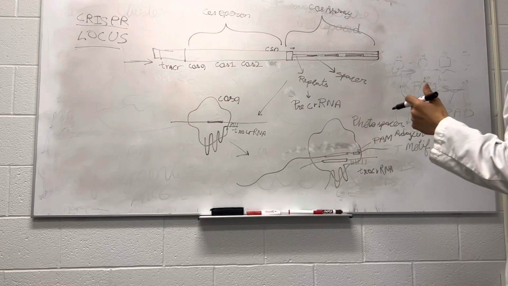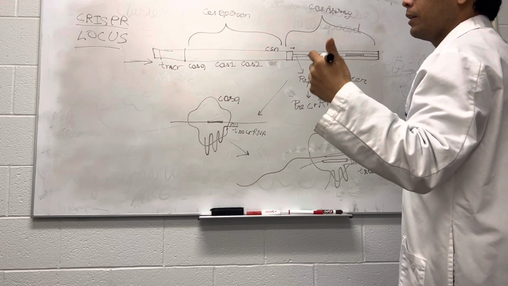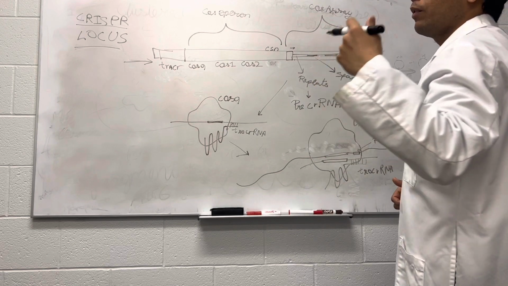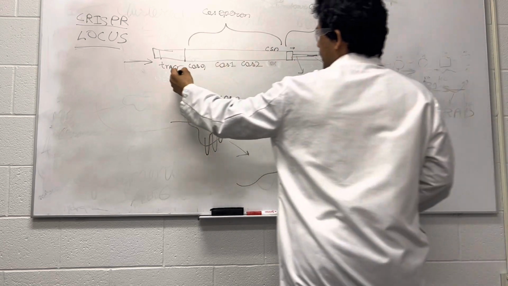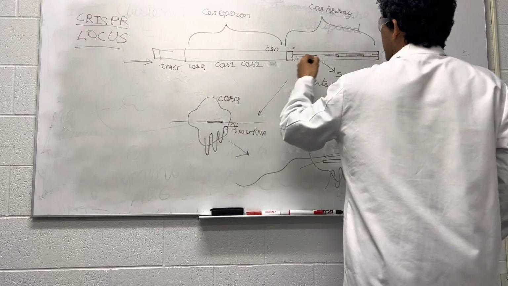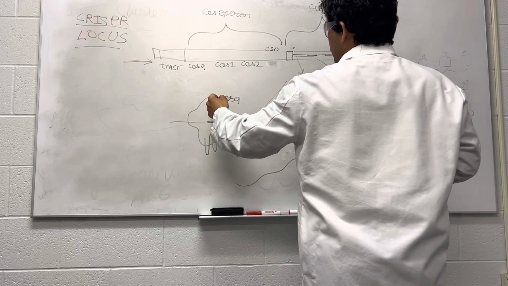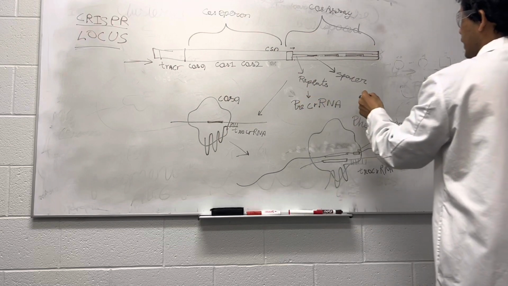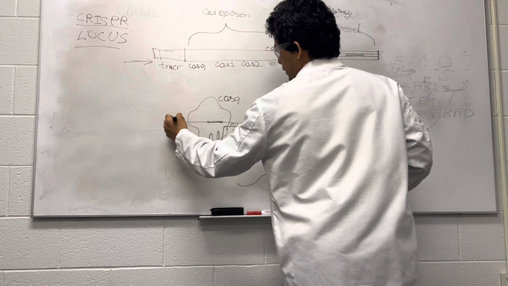Now we will discuss how this actually functions and makes the system immune, or how it is used for gene editing. When the tracer is transcribed, it is converted into tracer RNA, and when Cas9 is translated, it is converted into the Cas9 protein. When the Cas array is transcribed, it is called pre-crRNA, or pre-CRISPR RNA.